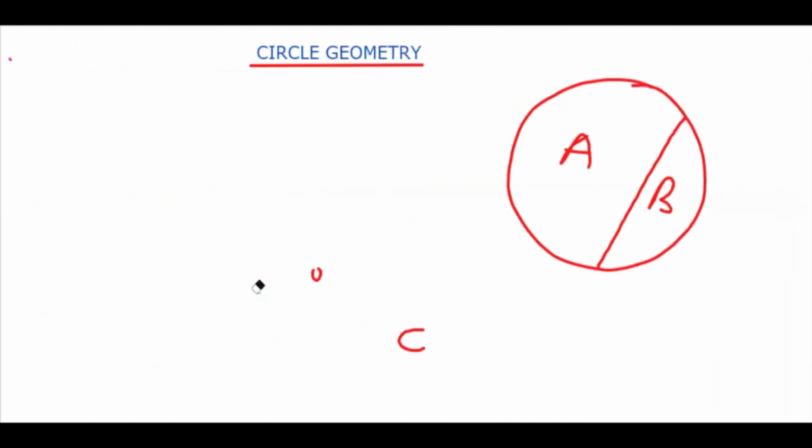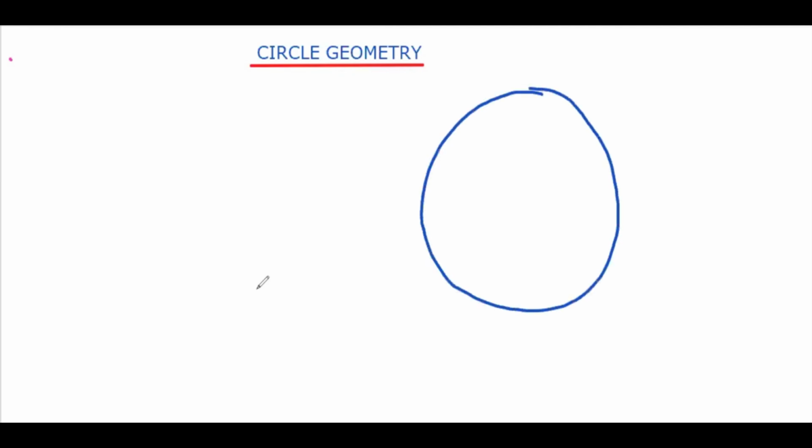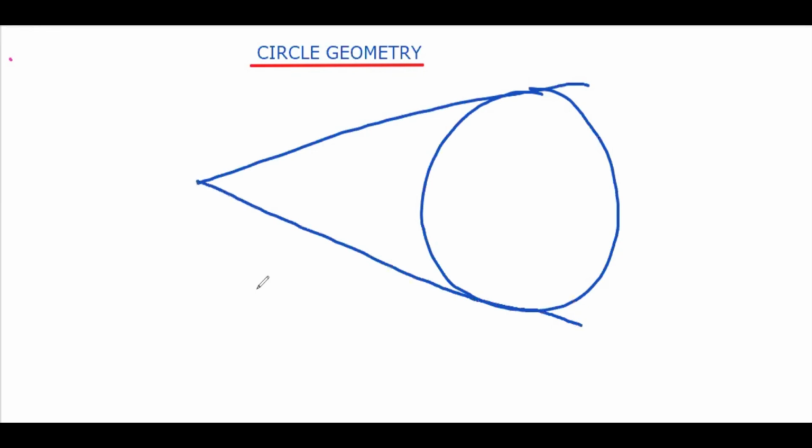And lastly, our circle geometry theorem is the one that says if you have a circle and two tangents to the circle that meet externally, and this one is X, Y, Z, the theorem is saying that two tangents that meet externally are of equal length, such that XY equals XZ.